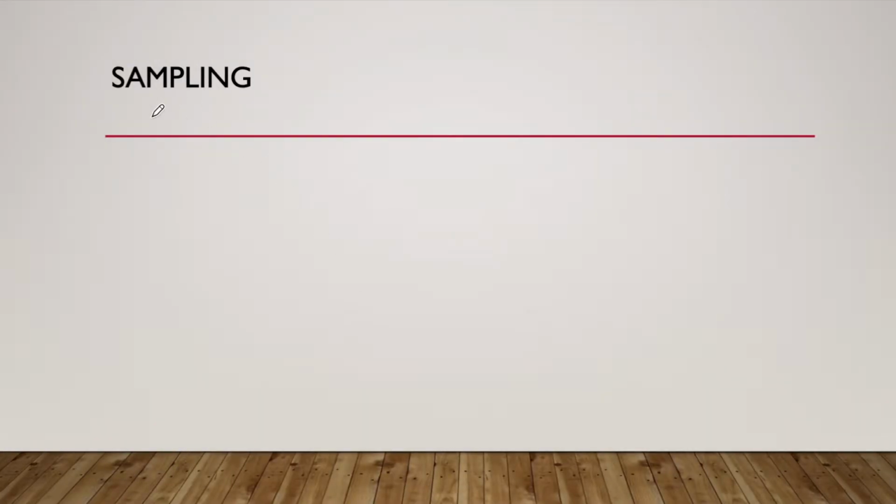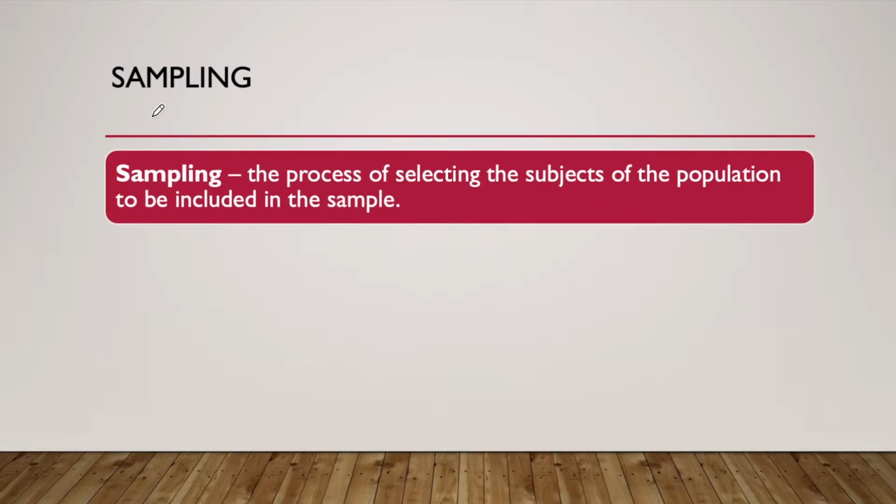I have mentioned this during the first batch of videos, that sampling is when you produce a sample out of the big population. To give it a formal definition, sampling is the process of selecting the subjects of the population to be included in the sample.